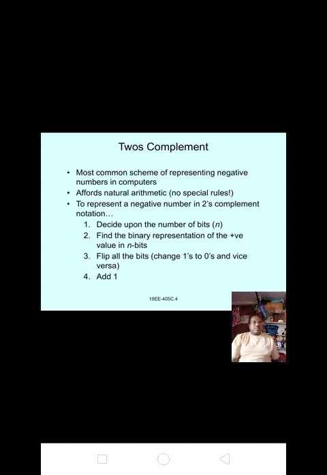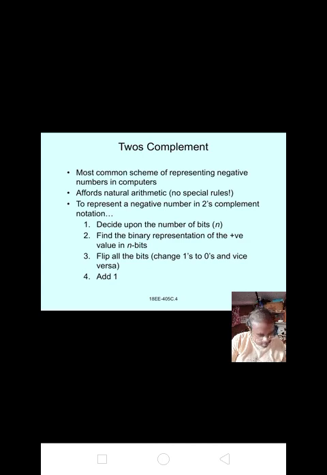Okay, now 2's complement. First, 1's complement is completed. Now it is 2's complement. Very simple. You change 1s to 0 and 0s to 1, and then add a 1 to the end. See, 1 0 1 1 0 is the normal number. Now we make it into 1's complement: 0 1 0 0 1.